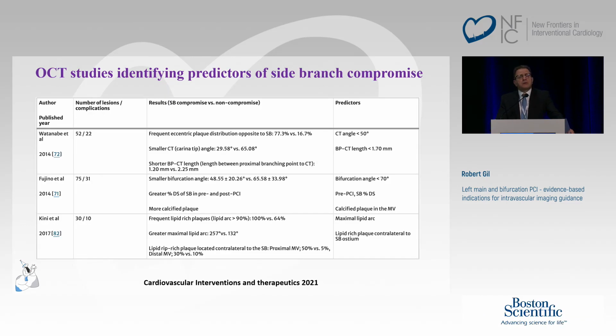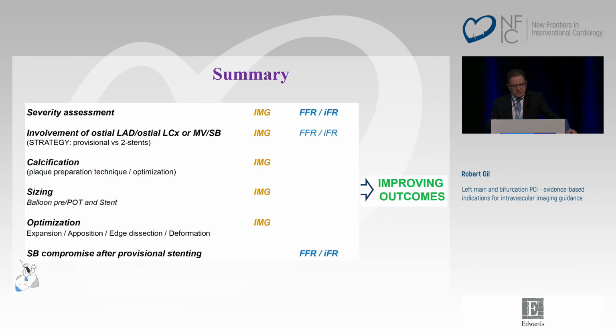What is also very important is that OCT is much more precise than IVUS in non-left main bifurcations. So with proper insertion of the wire for the side branch, the assessment of the side branch with OCT is very, very precise. We should keep that in mind.